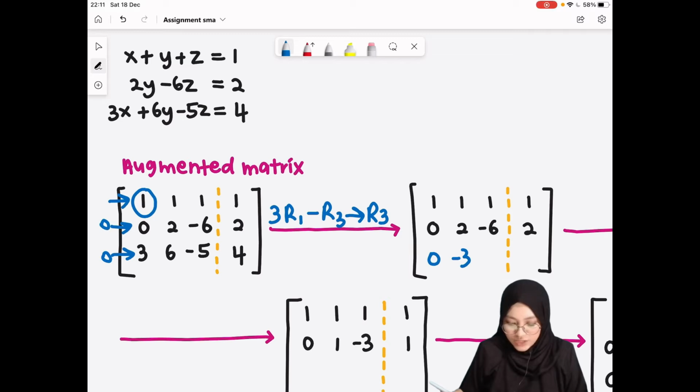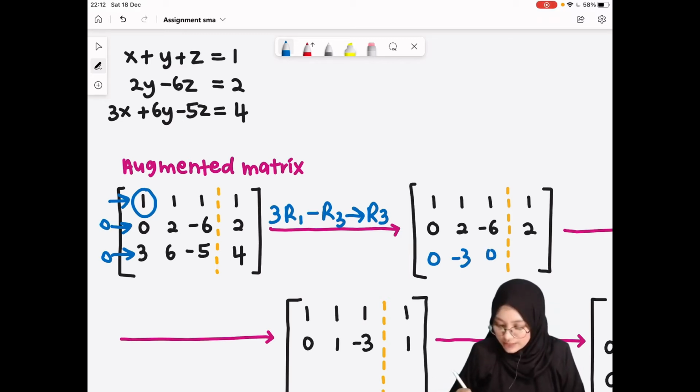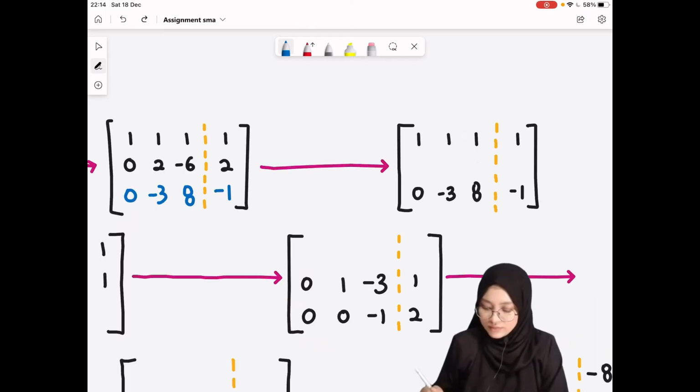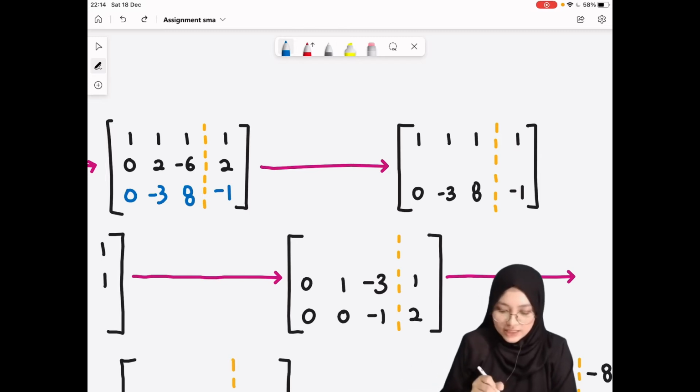And then 3 times 1 minus negative 5, we will get 8. And then 3 times 1 minus 4, we will get negative 1. So far we have made a leading one in the left corner, and below the leading one are all zeros.